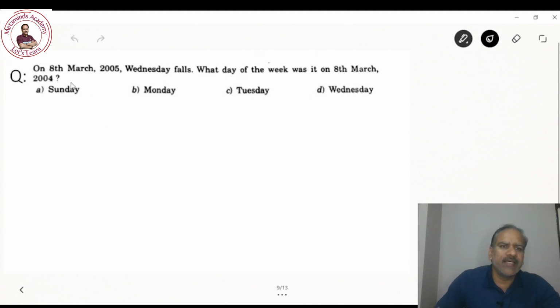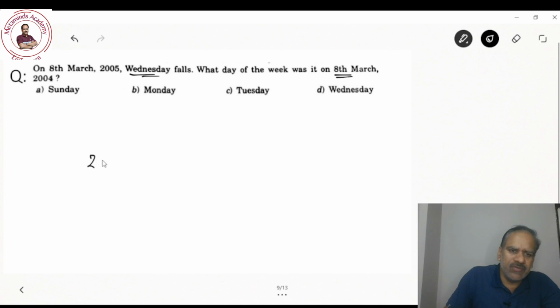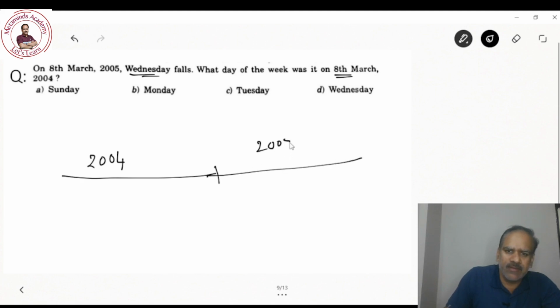Coming to this problem, on 8th March 2005, Wednesday falls. What day of the week was it on 8th March 2004? Now here, this is 2004 and this is 2005. Right? Here the most important point is the current year 2004 is a leap year, so it has Feb 29th.